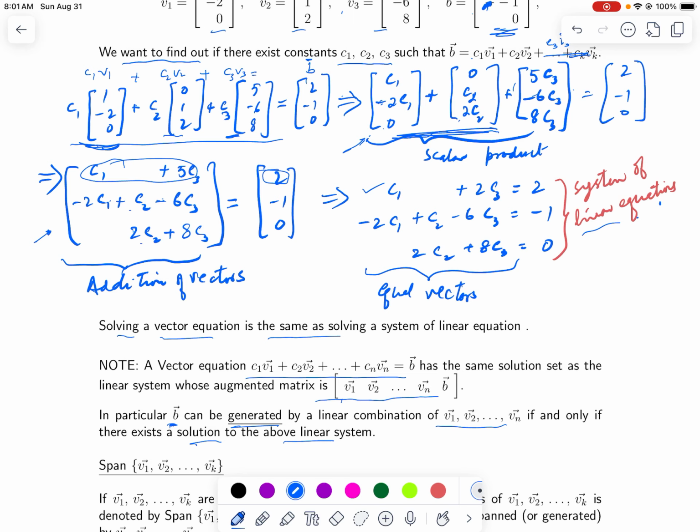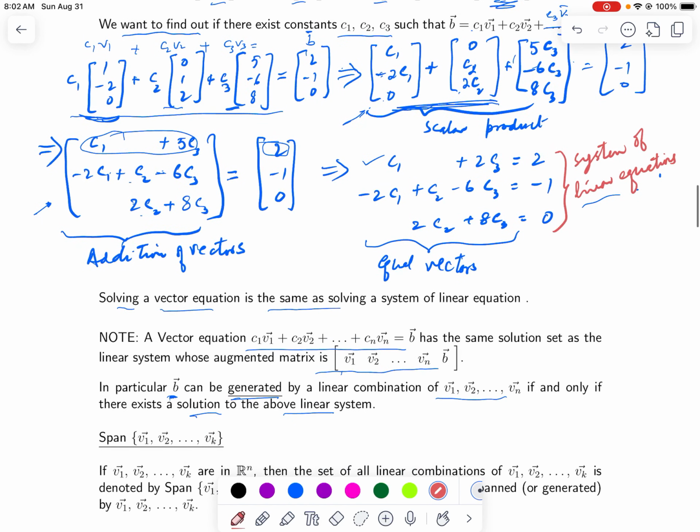So in other words, if the above linear system has a solution, then we say that the b vector can be written as a linear combination of the columns of the augmented matrix, or we can say that b can be generated by a linear combination of the vectors v1, v2 up to vn, if and only if the solution to the above linear system exists.